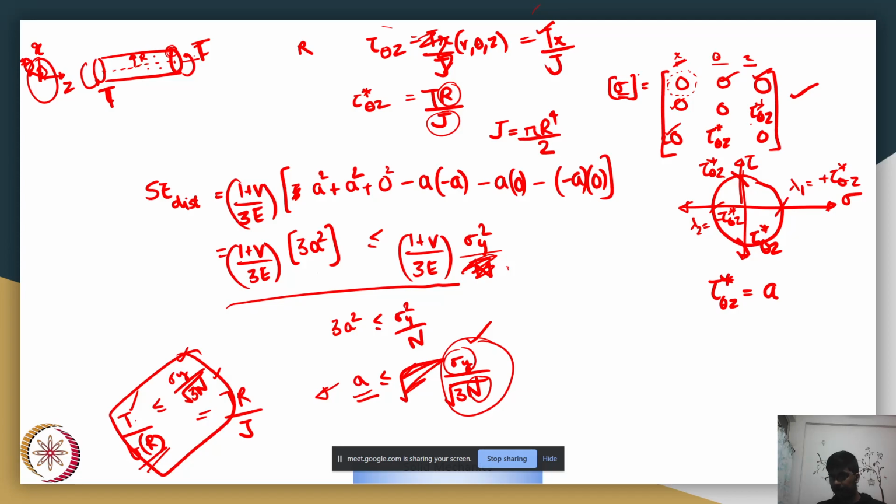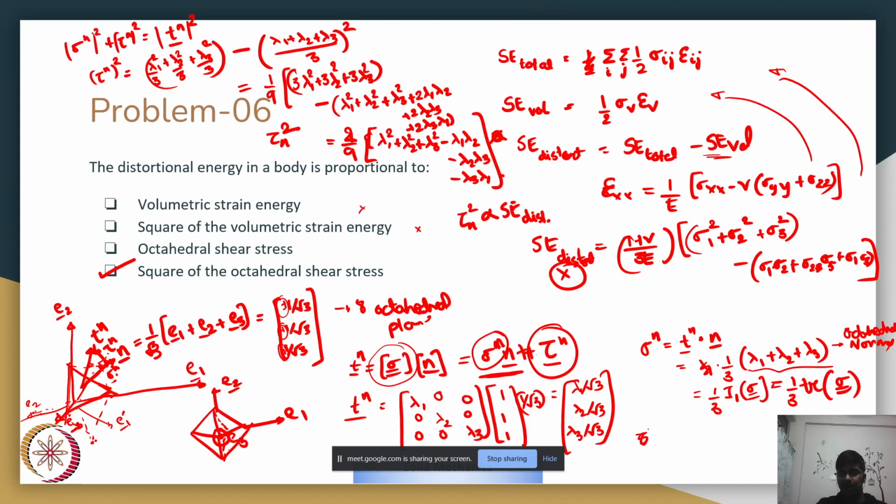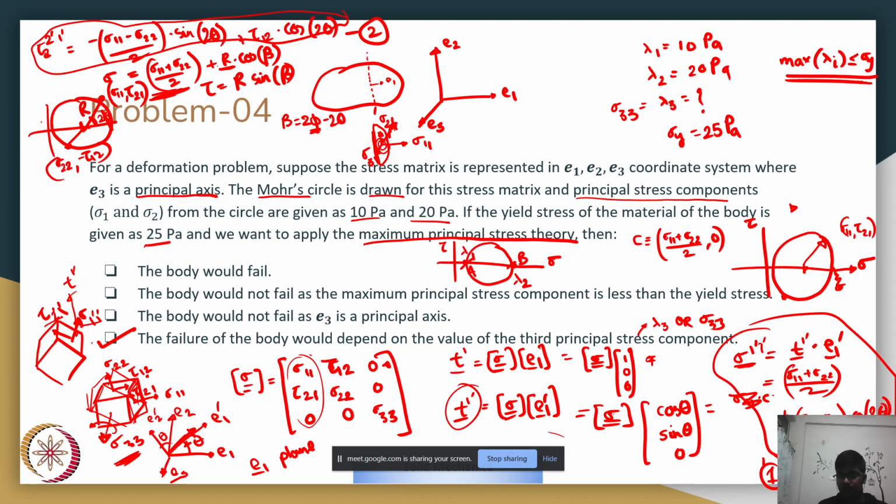Now, if your R direction is your principal axis, you can construct a Mohr circle. If I want to construct a Mohr circle with these values, I'll first look at the center. We discussed that the center of the Mohr circle is sigma 1 1 plus sigma 2 2 by 2, for a stress of the form sigma 1 1, sigma 2 2, tau 2 1, tau 1 2, 0 0 0 0 sigma 3 3.